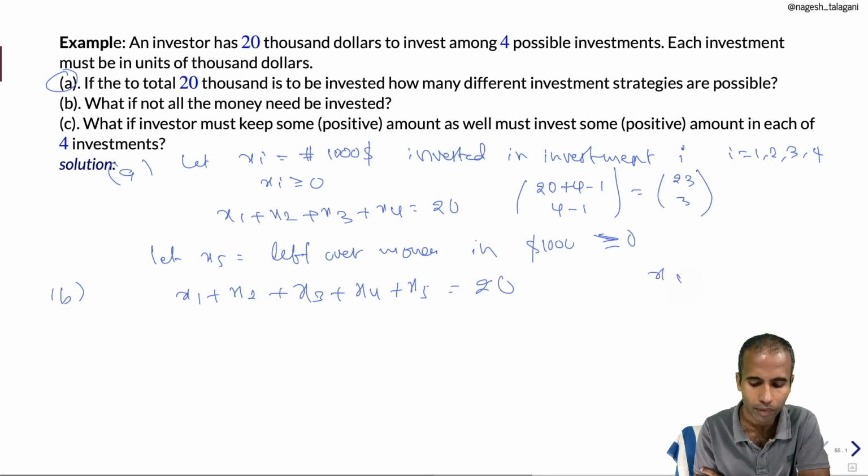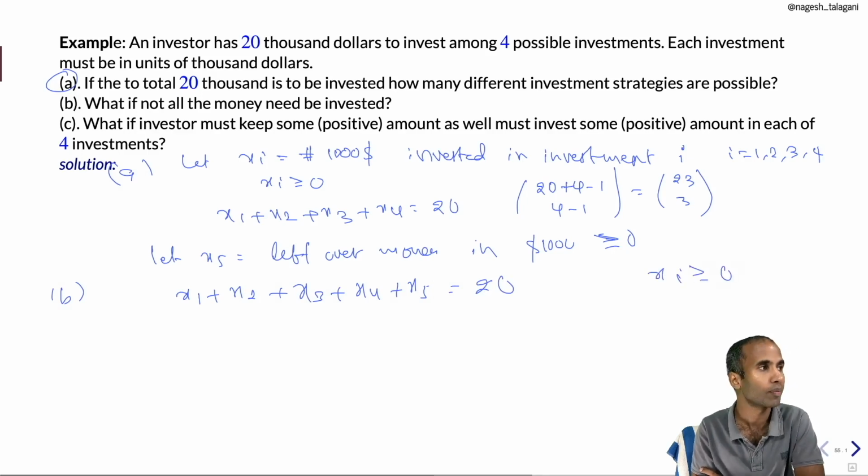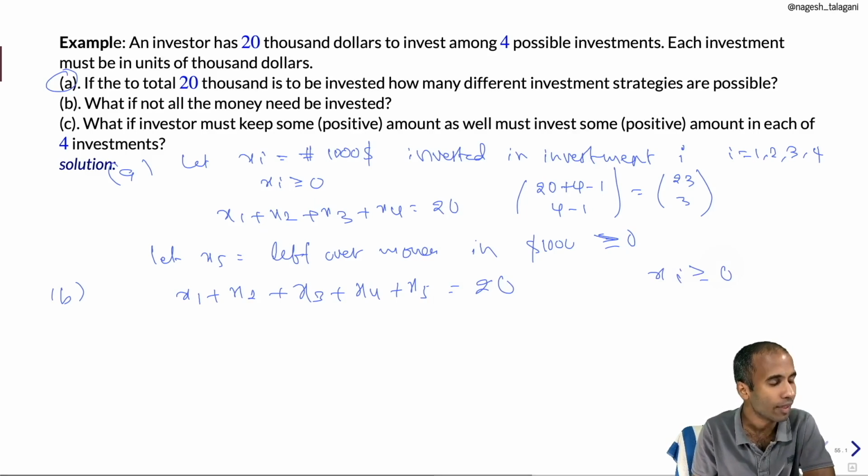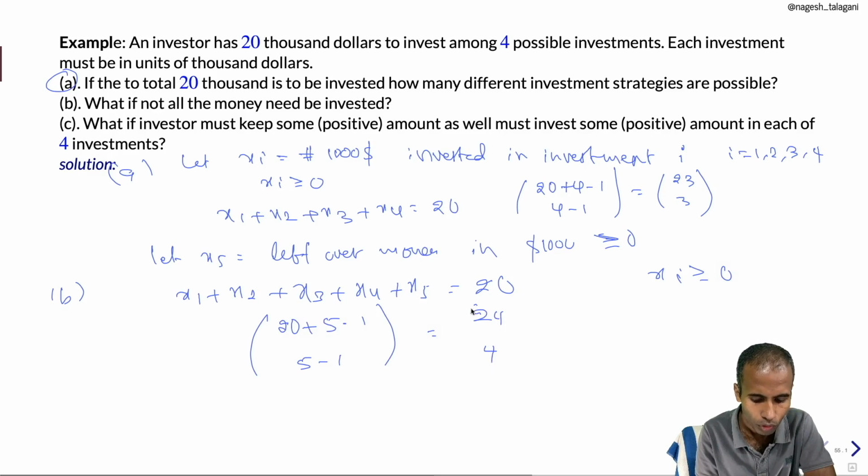Again, each xi is non-negative. So again we have non-negative integer solutions of this equation. This time r equals 5, n equals 20. So 20 plus 5 minus 1 choose 5 minus 1. So the answer is going to be 24 choose 4.